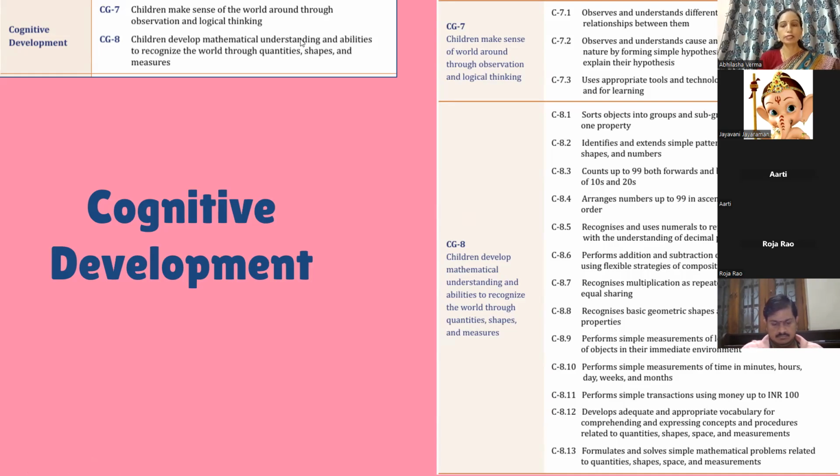And then vocabulary for comprehending and expressing concepts and procedures, formulas, solving simple mathematical problems related to quantity, shape, space, and measurements, all comes under cognitive development of the child. So next slide, please.